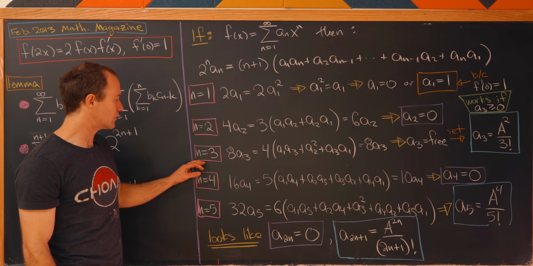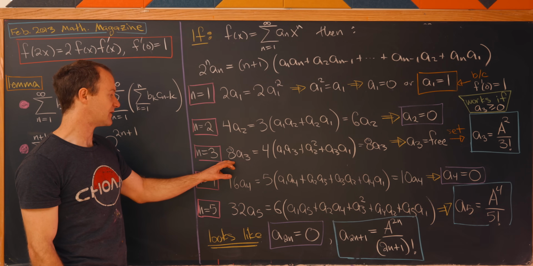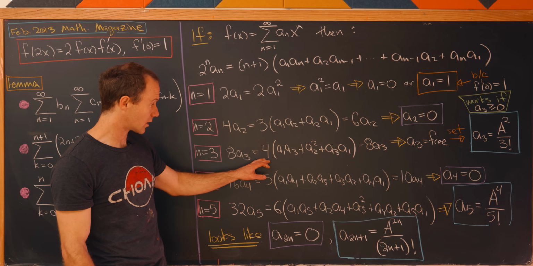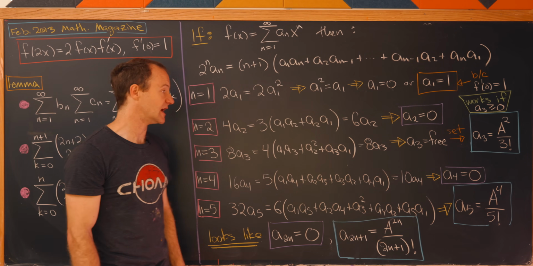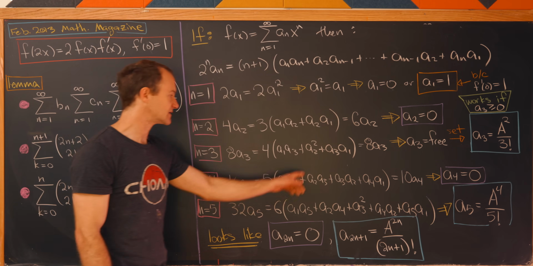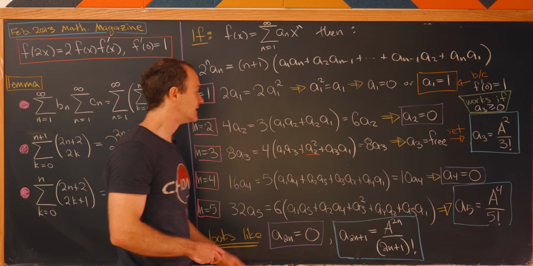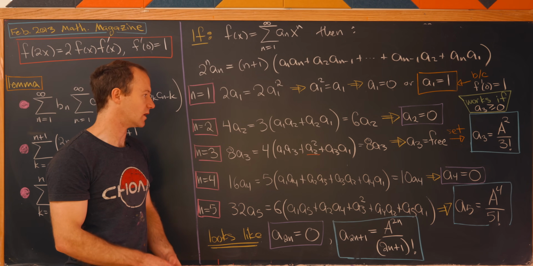Now let's look at n equals 3. So now the recursion simplifies to 8a3 equals 4 a1a3 plus a2 squared plus a3a1. Now since a2 squared is 0, that'll just simplify to 8a3 because a1 is 1.